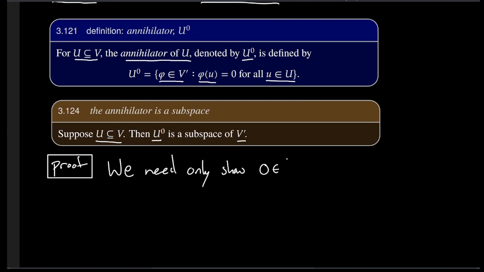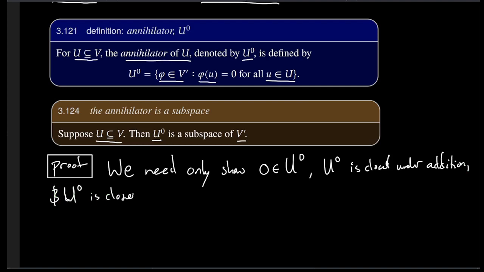First, we need to show that the 0 is in the annihilator of U. Second, that U0 is closed under addition, and third, that U0, the annihilator of U, is closed under scalar multiplication.